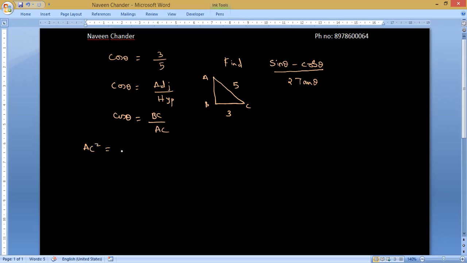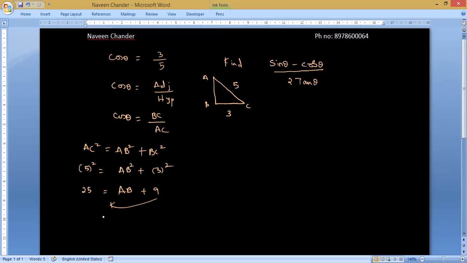AC square is equal to AB square plus BC square. So AC is 5, so we'll write 5 square. AB we don't know, AB square, BC, 3 square. 5 square is 25, 3 square is 9.